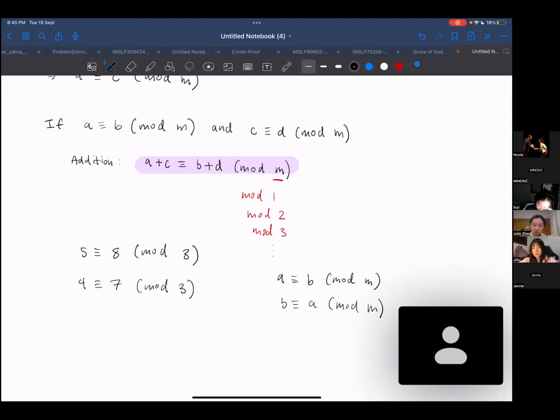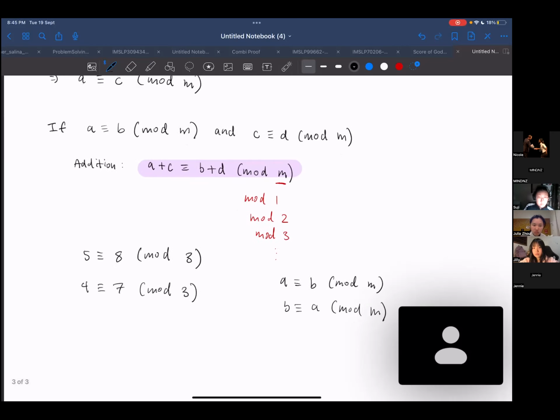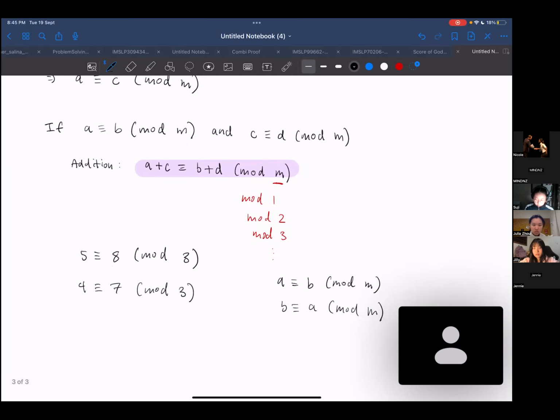Okay, all good. So the thing that I have highlighted in purple is an identity. So this thing is always true. What I'm trying to get you to do right now is just plug in the numbers.